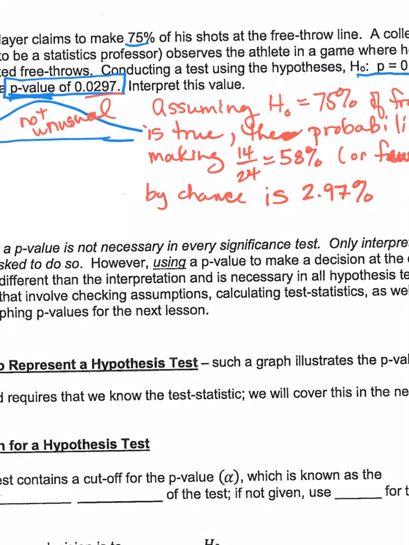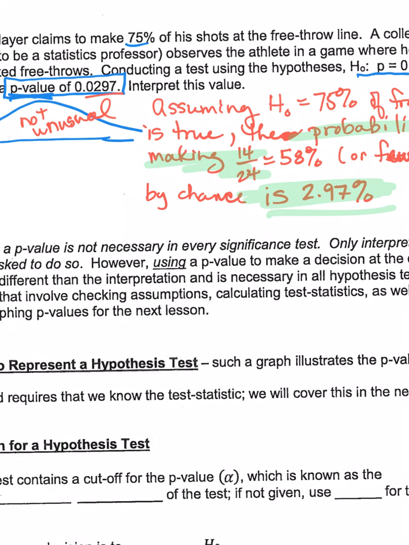As a matter of fact, there's only really a 3% chance that he will make something that low based on the hypothesis being true. So you can change up the phrasing a little bit if you want to, as long as you get the idea across that you understand what they're talking about. Now, the things you have to include: the fact that the probability of him making this many is that, right?